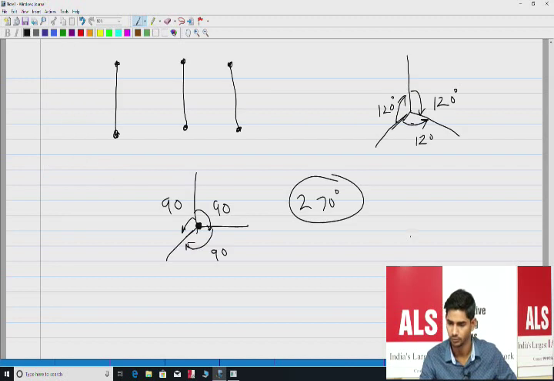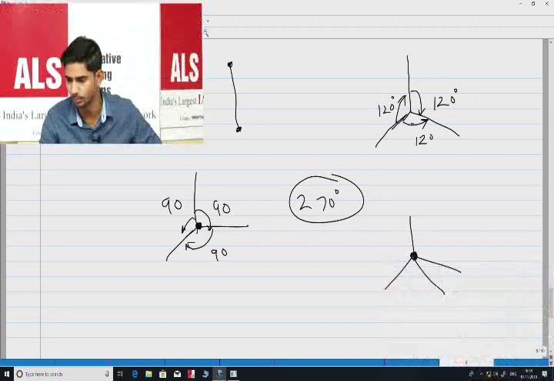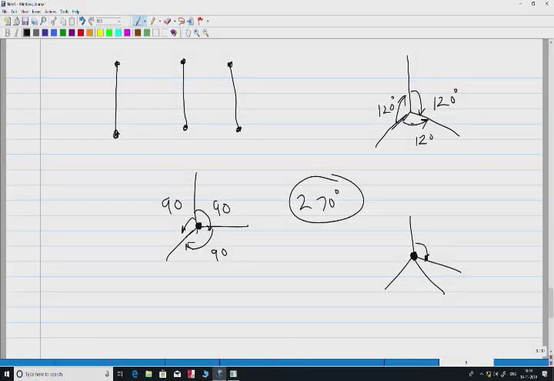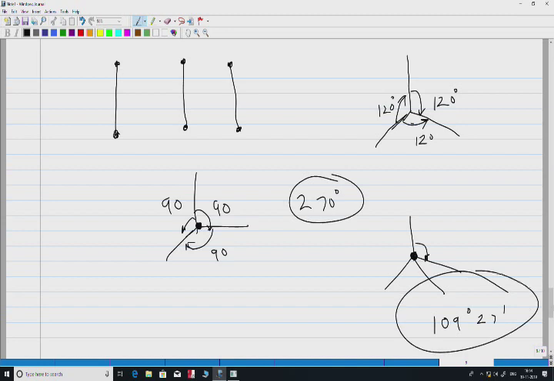Four sticks tied at this particular point. How is it possible that the angle between them would be 90 degrees? And one thing, 90 degrees is not the restricted part. I have asked you the maximum angle, and I'm saying, in spite of 90 degrees, think about it. 109 degree 27 minutes. So which one is maximum, 90 degrees or 109 degree 27 minutes?